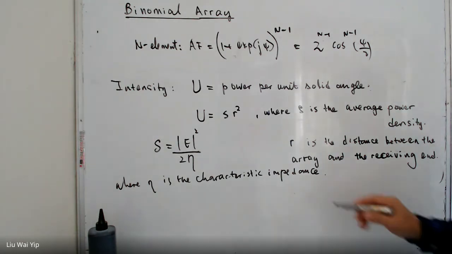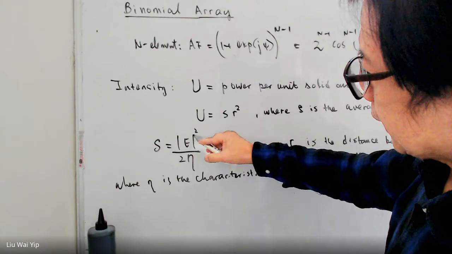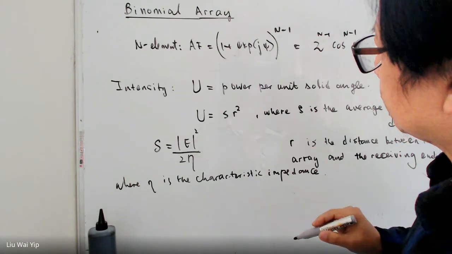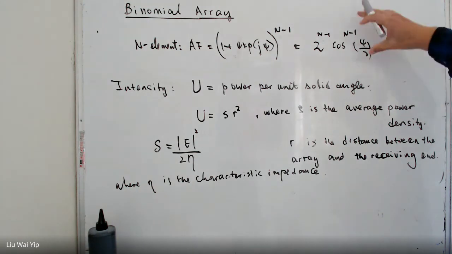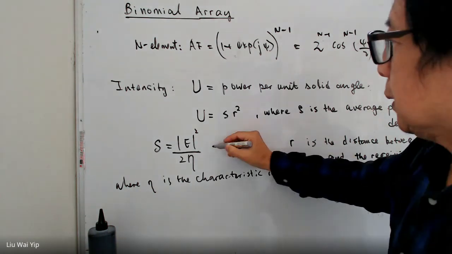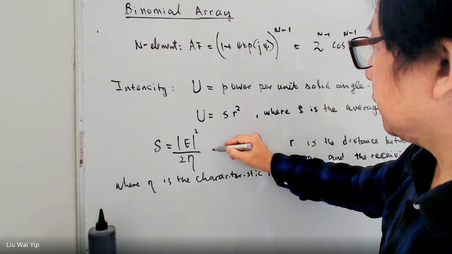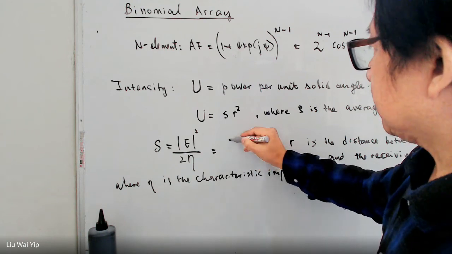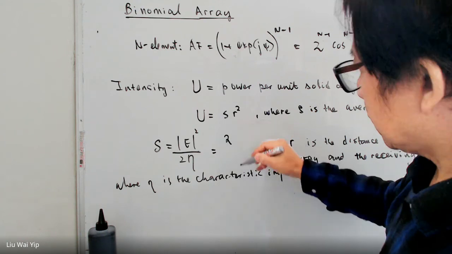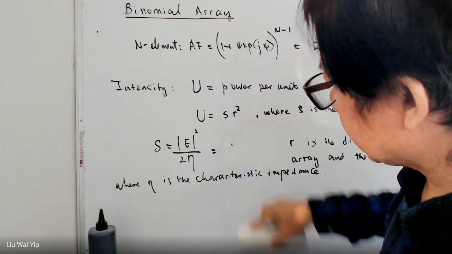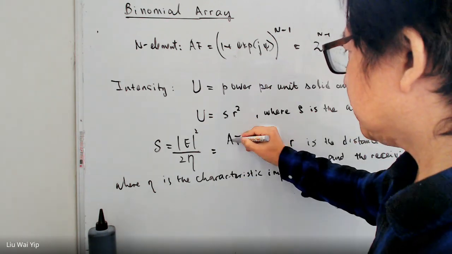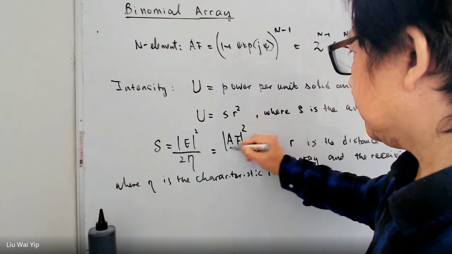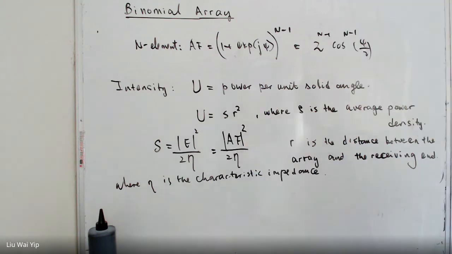So now, how about the magnitude of the electric field? It's very simple. It is the square of this term. So it's going to be 2, maybe I should write down A, F, and then 2 eta.